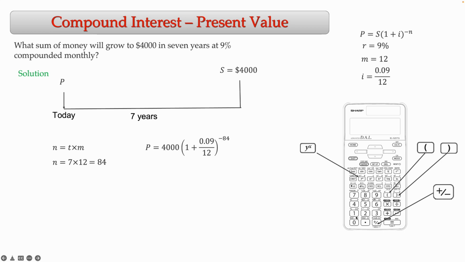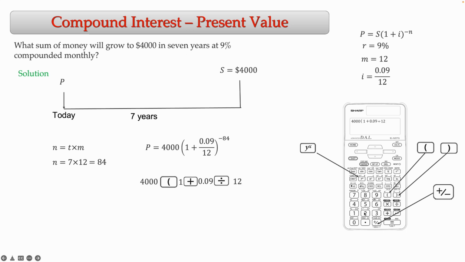Okay, so I type 4,000, then I open bracket, and 1 plus 0.09 divided by 12. This is the division key.